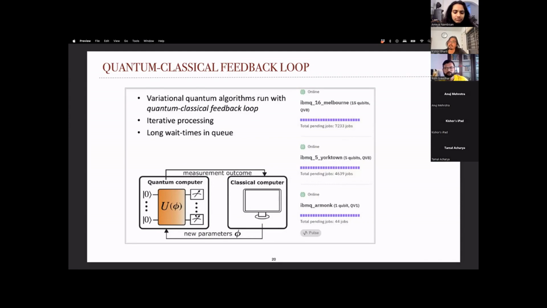And you need to perform measurements every time you are computing some object here. So in non-convex optimization, first of all, you do not have a guarantee on how many loops you will have. It will go there, come back, and every time you have to perform those many measurements, which means you need to use the quantum computer a lot of times.